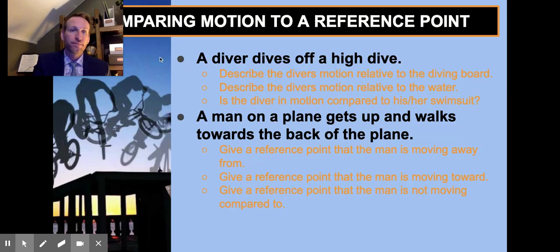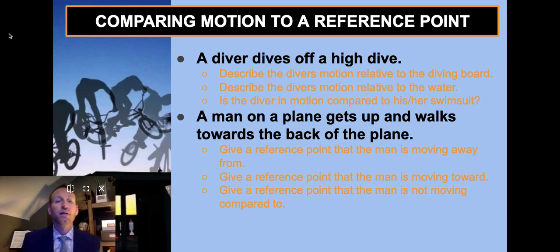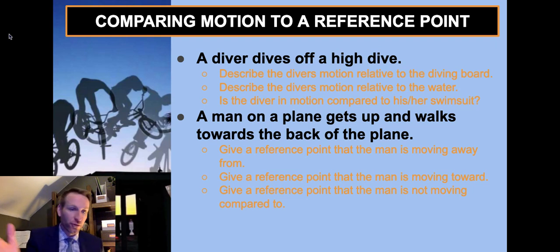All right, so let's take a look here. Comparing motion to a reference point. All right, I think this is kind of a good way to do this. Here's my number one hint when you're trying to figure all this stuff out. If they're giving you different reference points, be the reference point, even if that's an inanimate object, right? Let's go through the first one here and I'll give you an example. A diver dives off of a high dive.